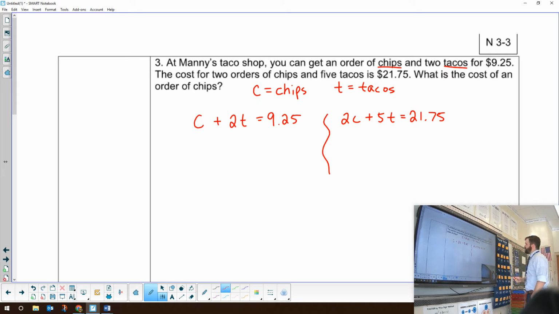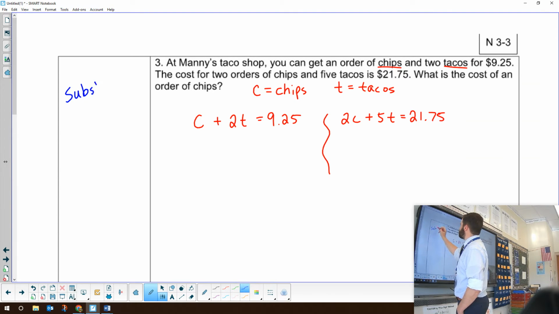Okay, guys, now that we're looking at this, we need to decide, do we want to use substitution or do we want to use elimination? It really doesn't matter. You can use either one. Here, I'm going to go ahead and use substitution, not really that it matters.